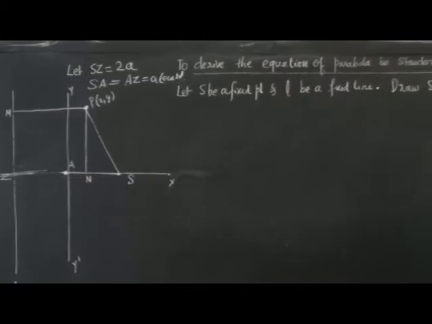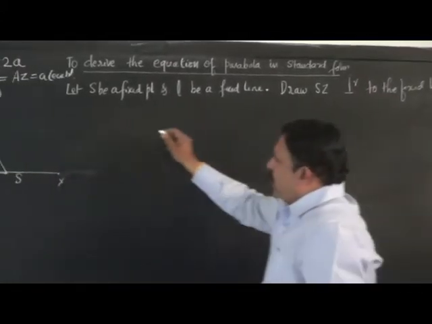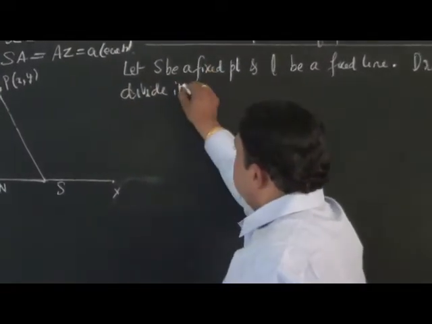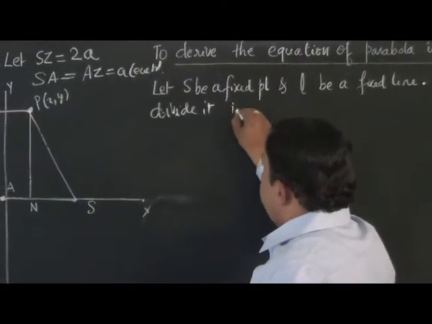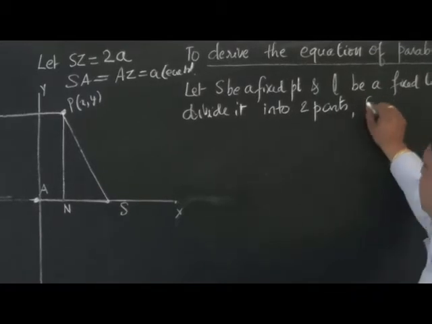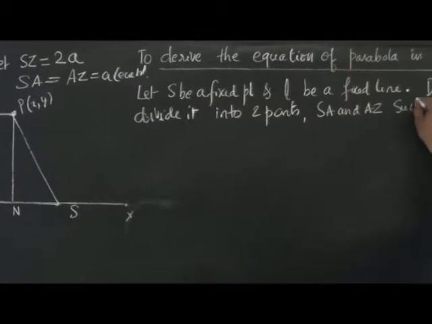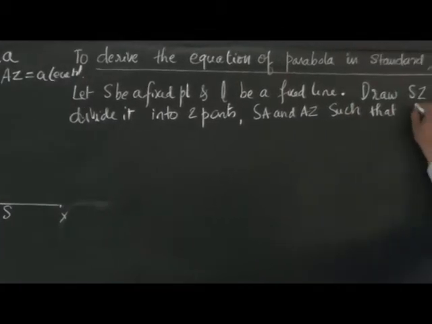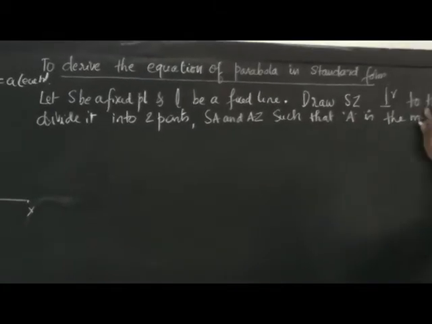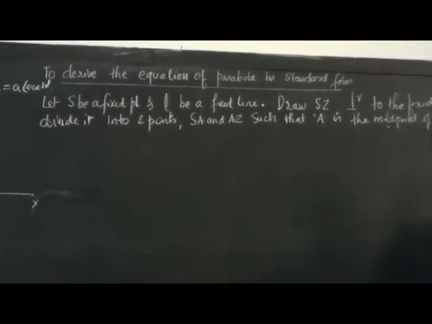Draw SZ perpendicular to the fixed line and divide it into two parts, SA and AZ, such that A is the midpoint of SZ.